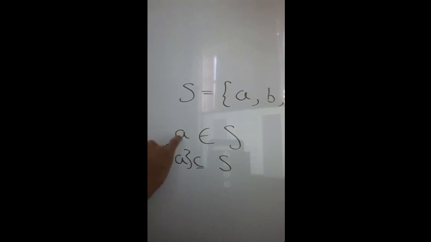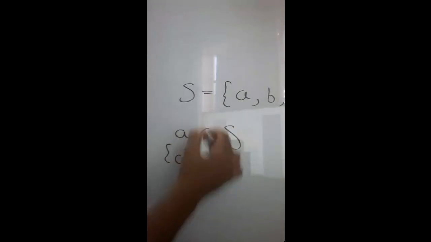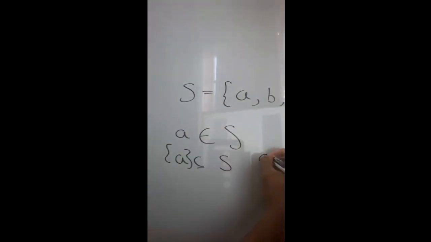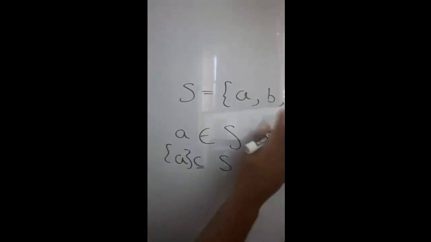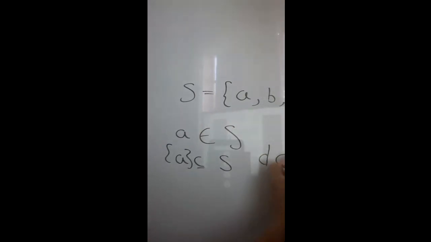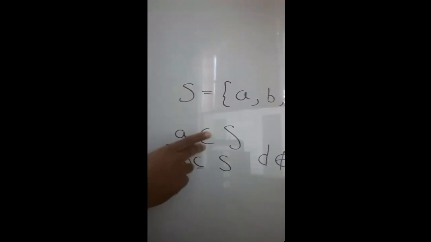So you write that the member is an element, or you can say it's not an element by using the symbol. There's a different letter from C in there, so use D. D is now not an element, or not a member, of the set S. So do not confuse subset and element. Two different things.